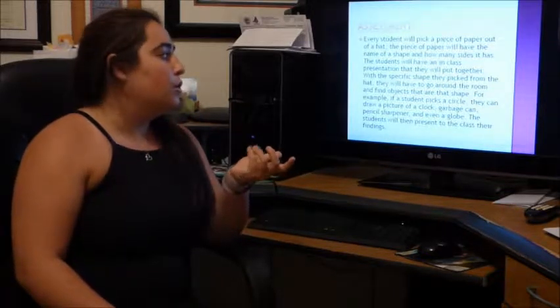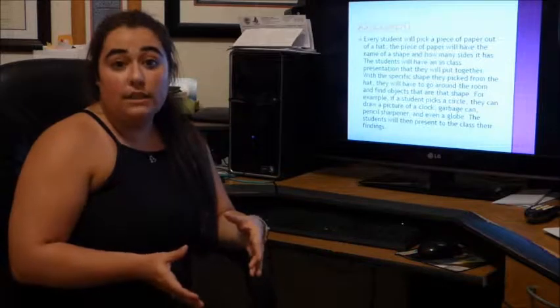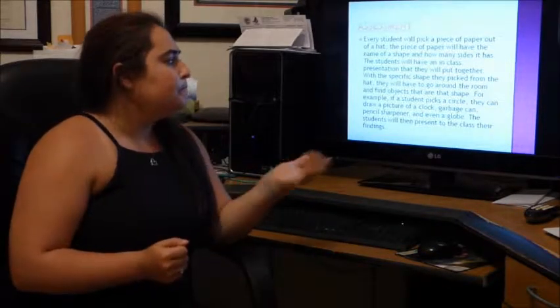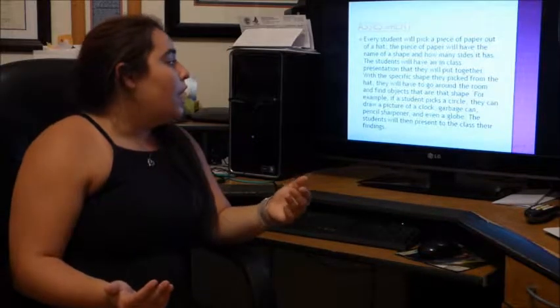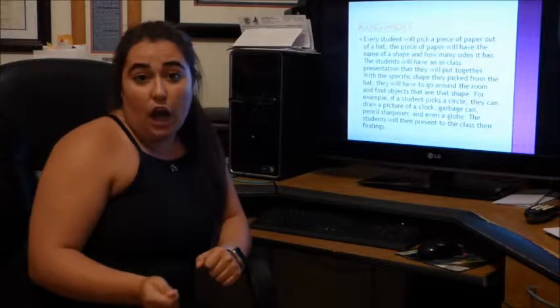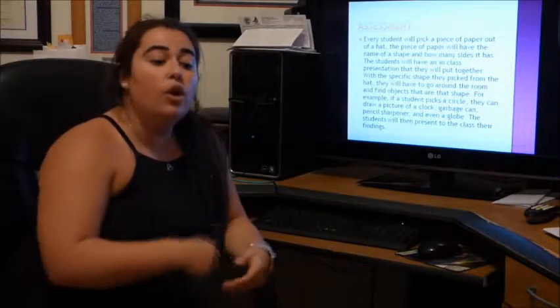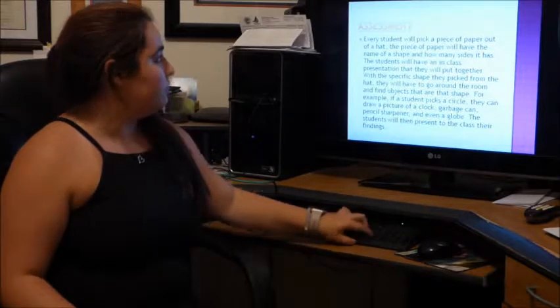They won't be able to take the clock down, but we may have little manipulative clocks they can use, or a garbage can, which has the bottom of a circle, or a globe in the classroom. They would go around the room finding all these objects and either bring them to me or draw them on their paper if they're too big to carry around.